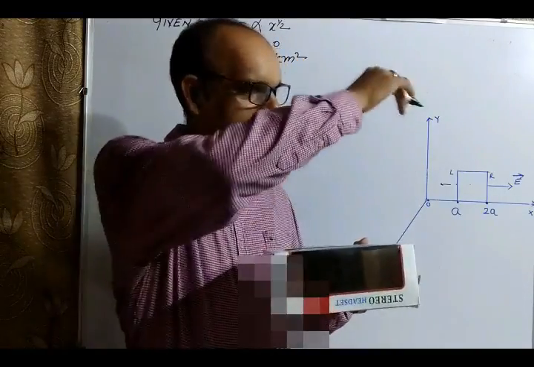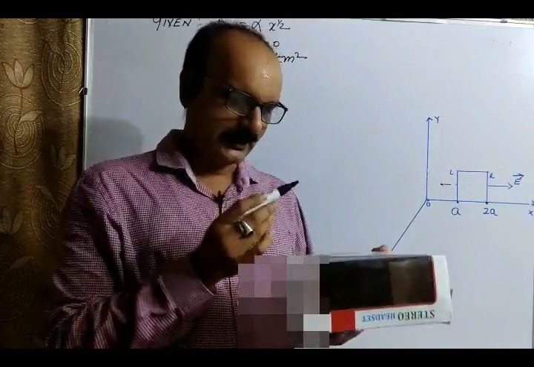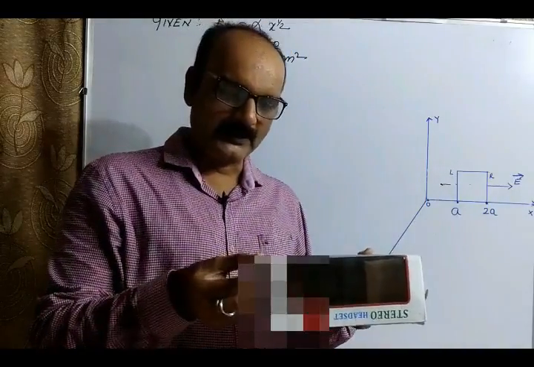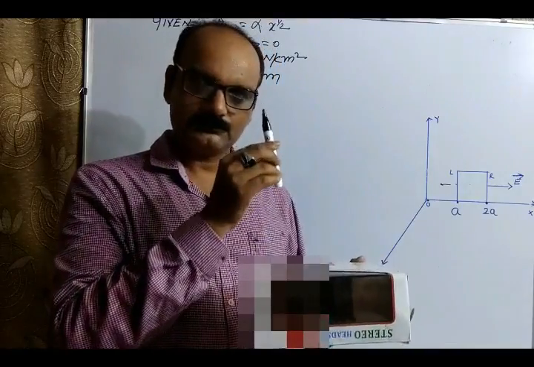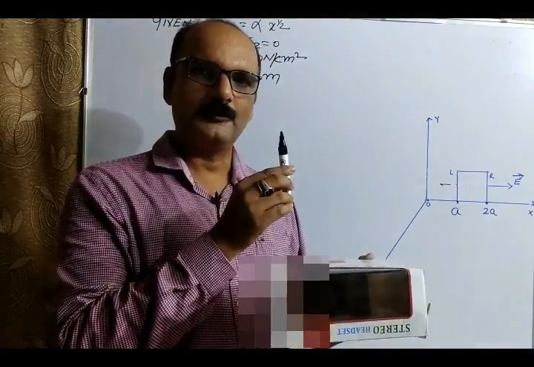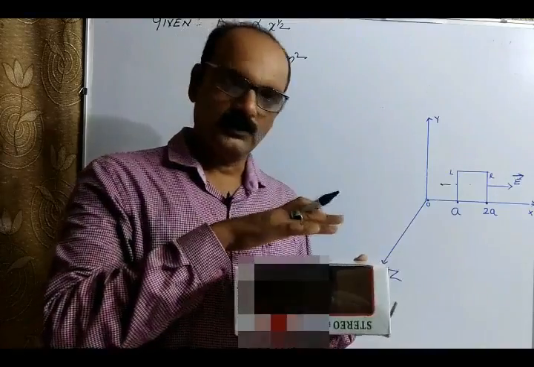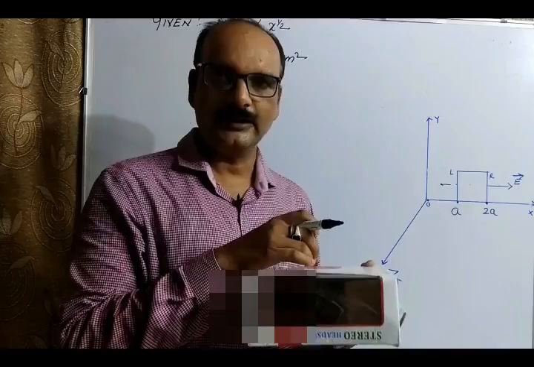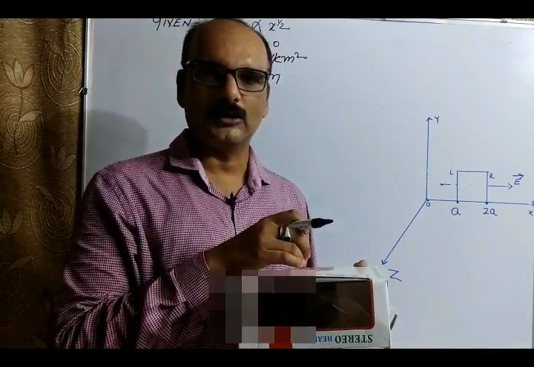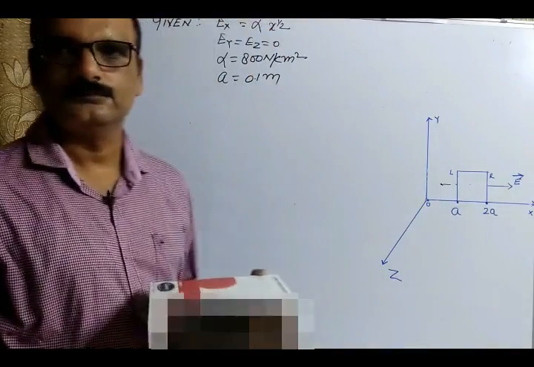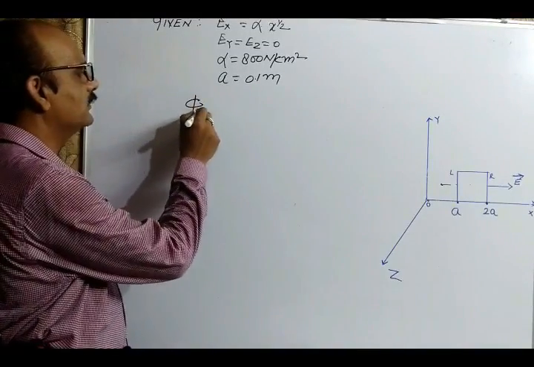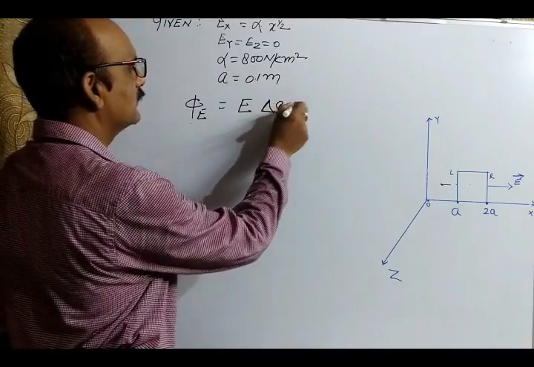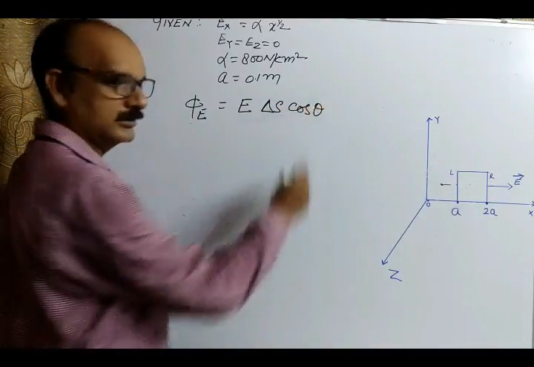This is x-axis, this is y-axis, and this is z-axis. There is no electric field along y-axis and z-axis, right? And we have to find out total flux through this and total charge inside this cube. Now, what is the formula for the flux? Flux phi E equal to E into delta S cos theta.